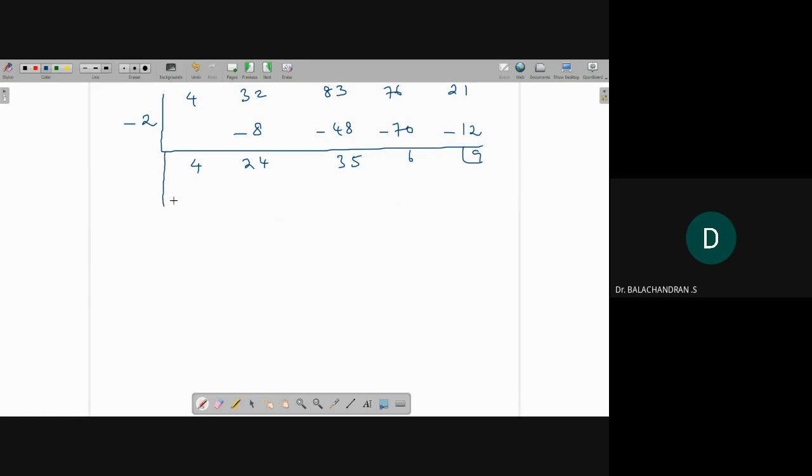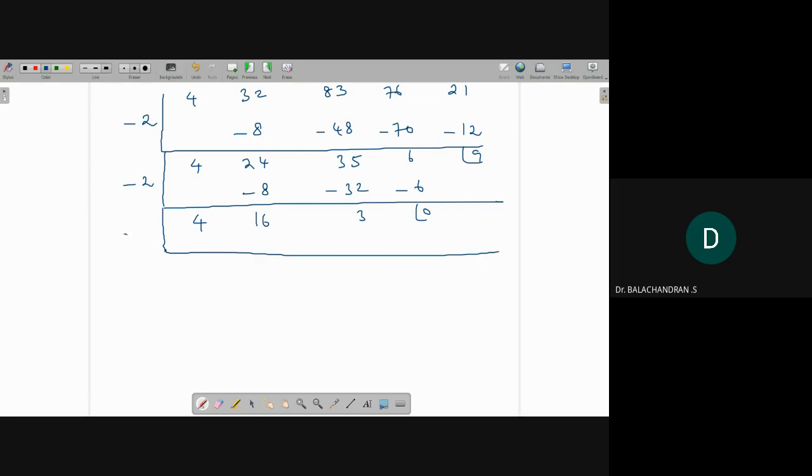Okay, if you want, you can write it. Minus 2, again 4, minus 8, 16 minus 32, 3 multiply minus 6, 0. This is coefficient of x. Minus 2, 4, minus 8, 8 minus 16.